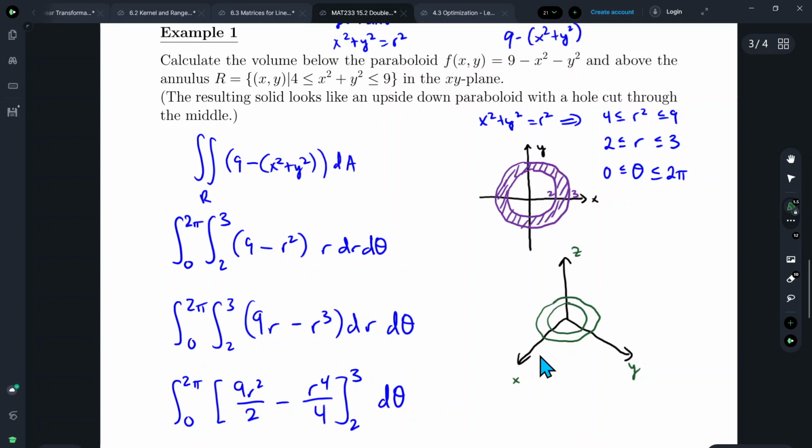That's the region that we're integrating over, and on top of that we have this paraboloid. But because this center region is being cut out, that's not going to be part of the paraboloid.